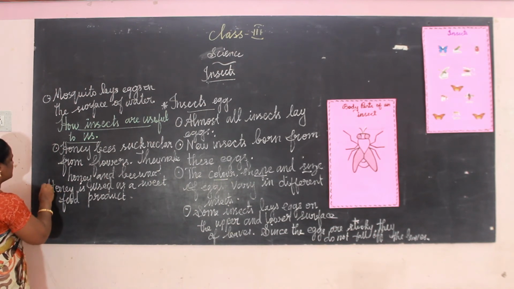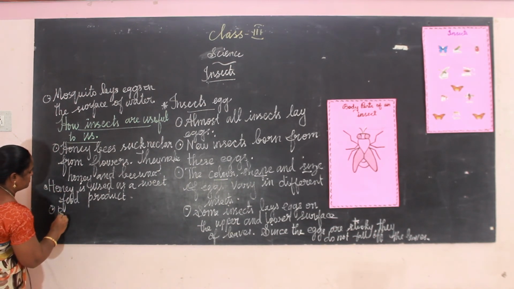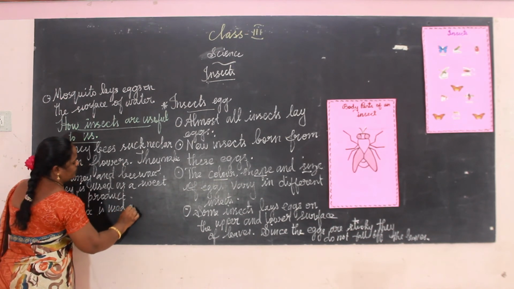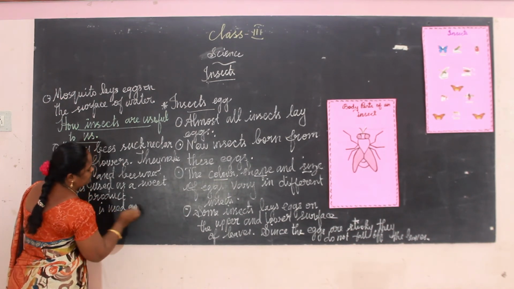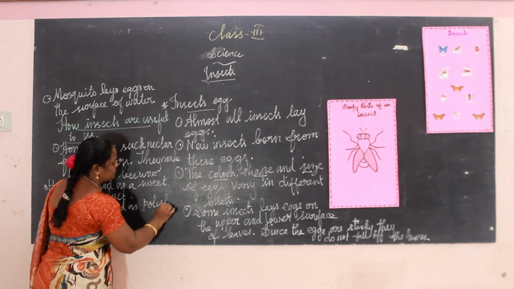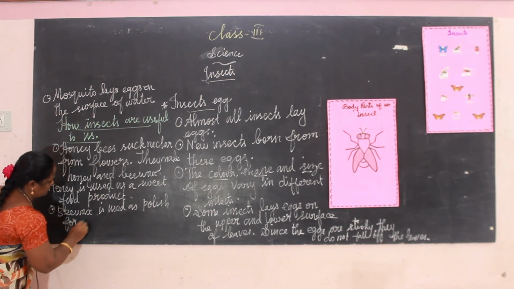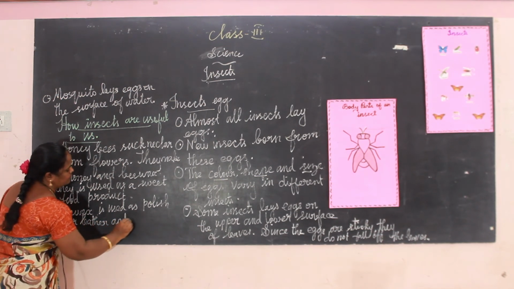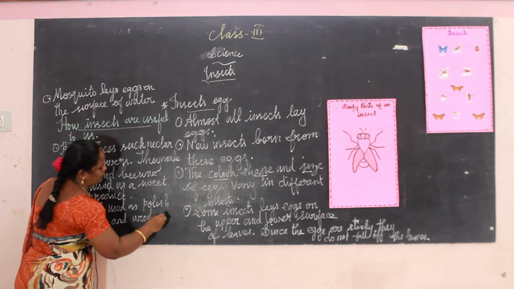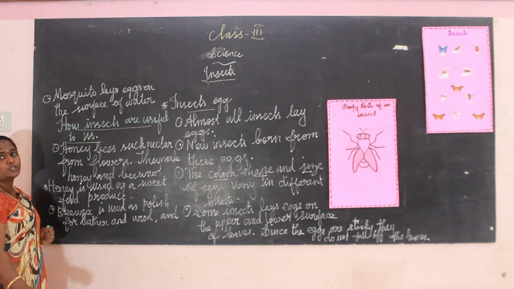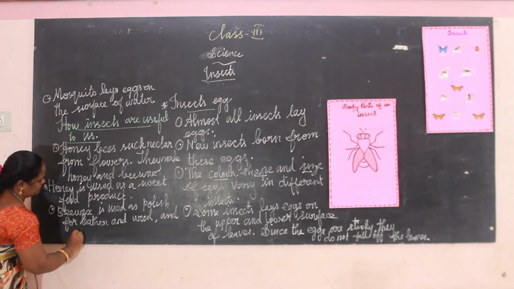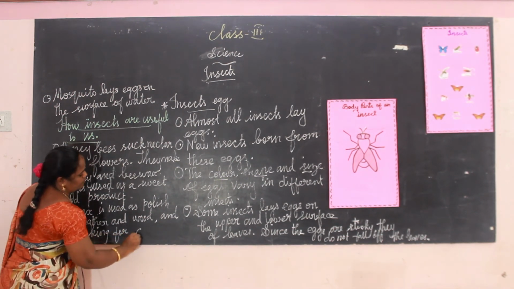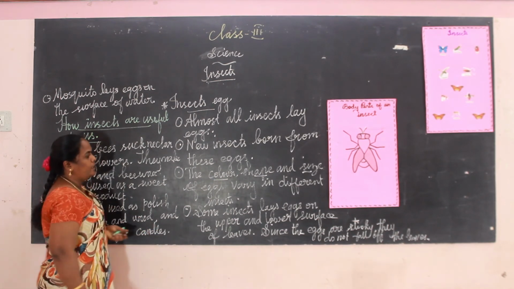Bee wax is used as a polish for leather and wood, and for making candles.